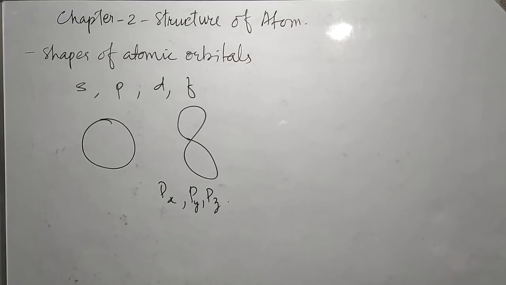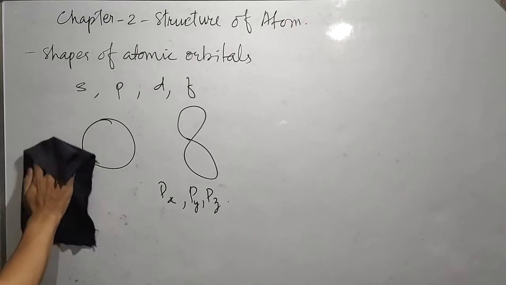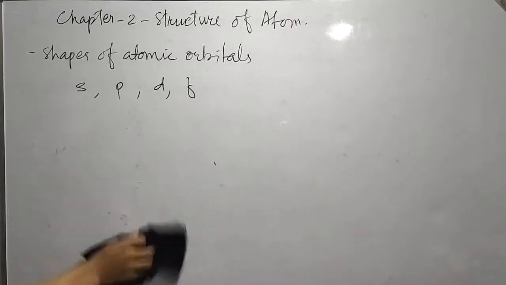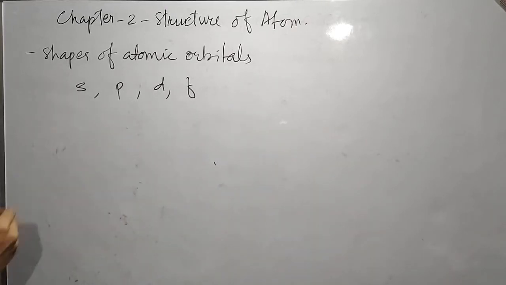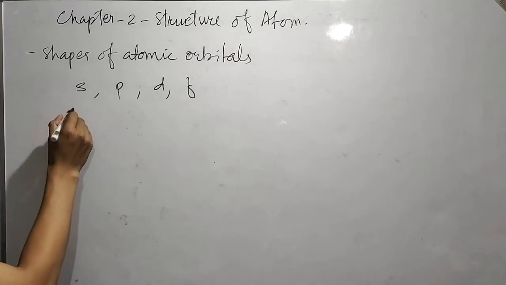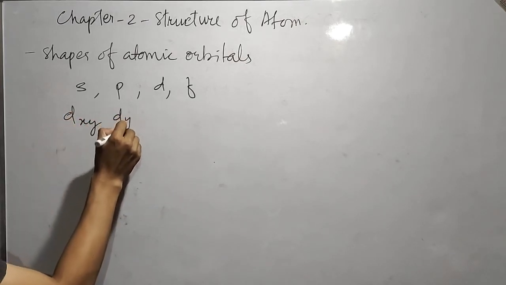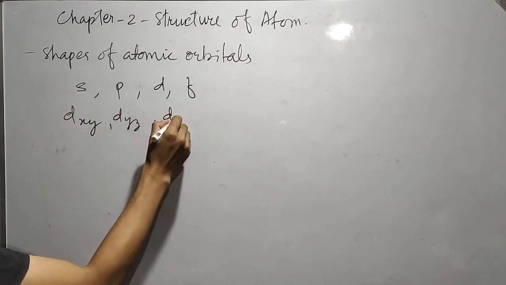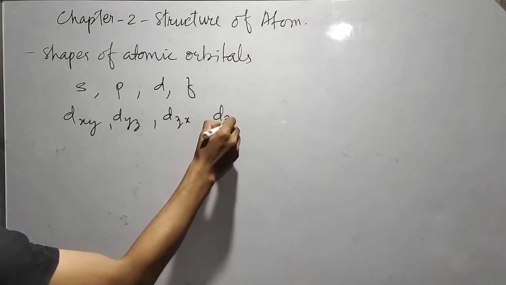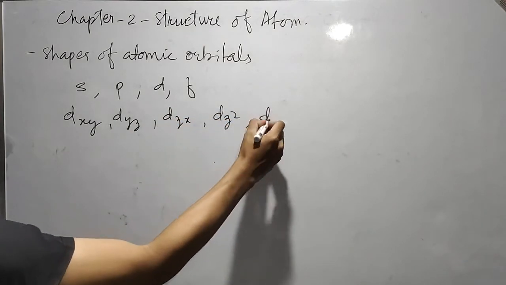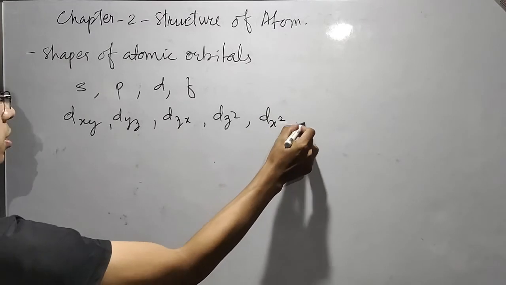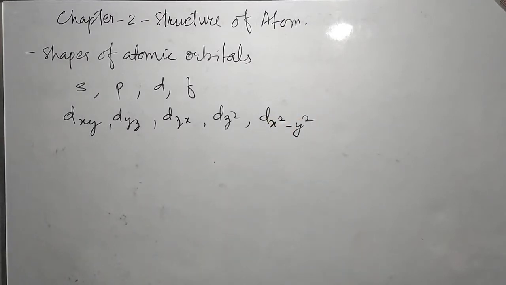I'll just show you a few things about d orbital. The d orbital has the following types of orientations: dxy, dyz, dzx, dz square, and dx square minus y square. Let me show you dxy.